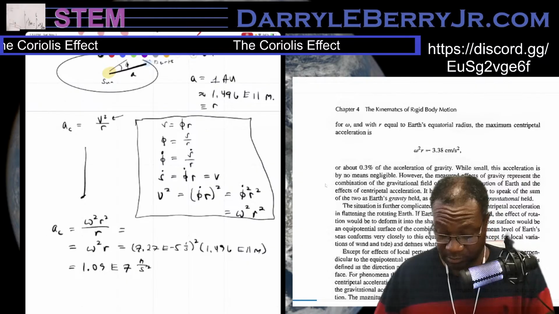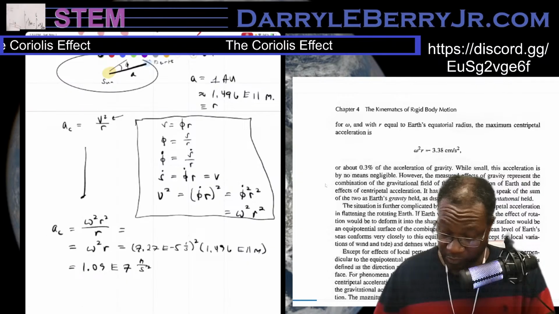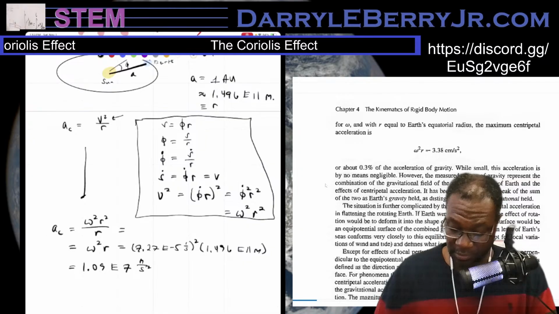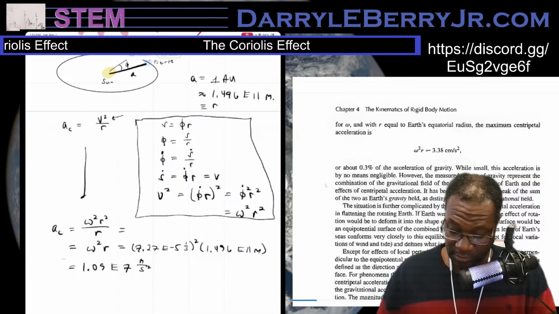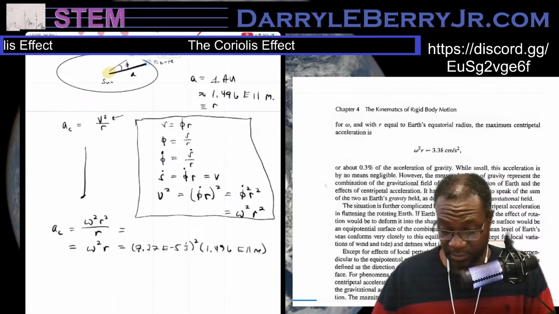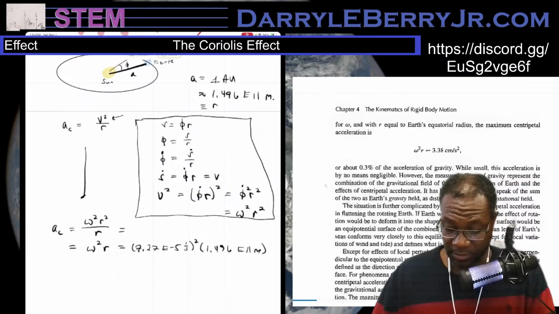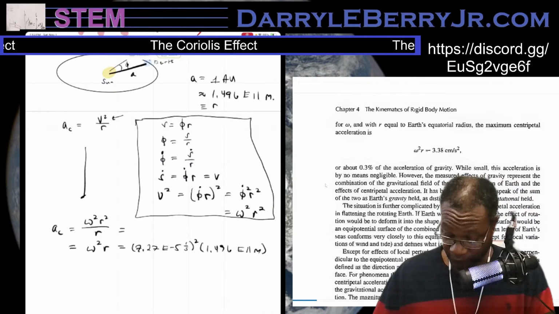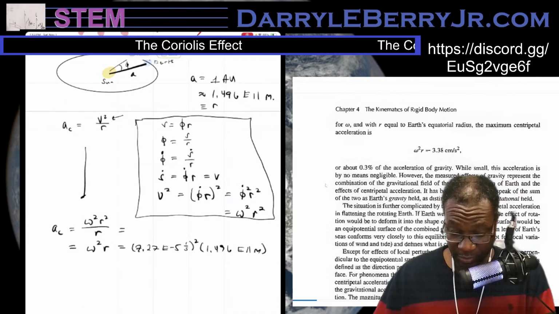Put it in centimeters. And my number seems way too big. Hold up. Oh, I forgot the square. Oh my gosh. Erase this. So it's 7.27 all of that squared times 1.496 times 10 to the 11.